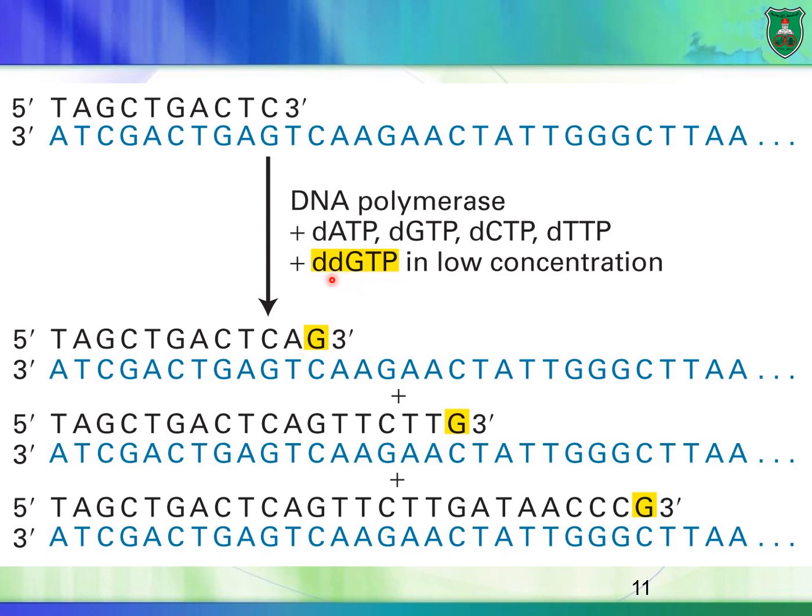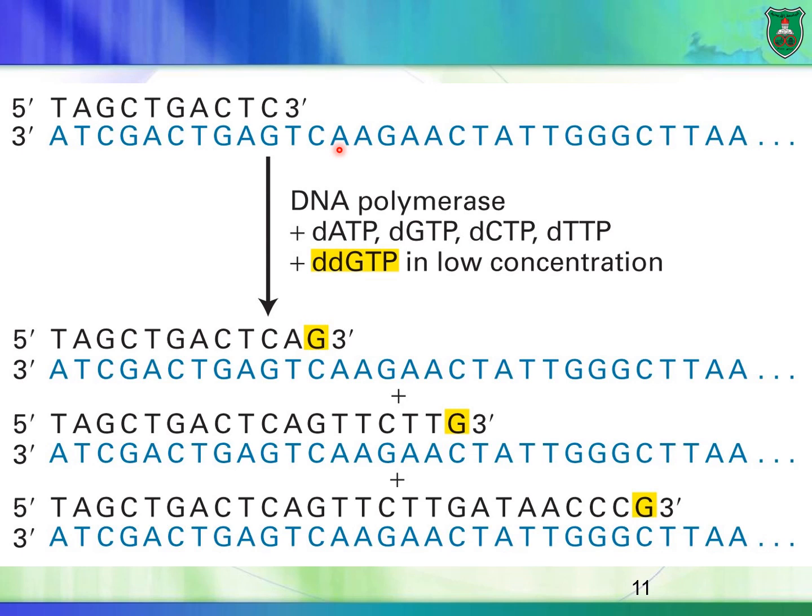But if a dideoxy-GTP is added, it means that there is termination of DNA synthesis. Okay? So let's say I have 1,000 DNA templates. About, let's say, 100 would be terminated, and there's no synthesis anymore. The other 900 DNA templates can continue with the DNA synthesis.